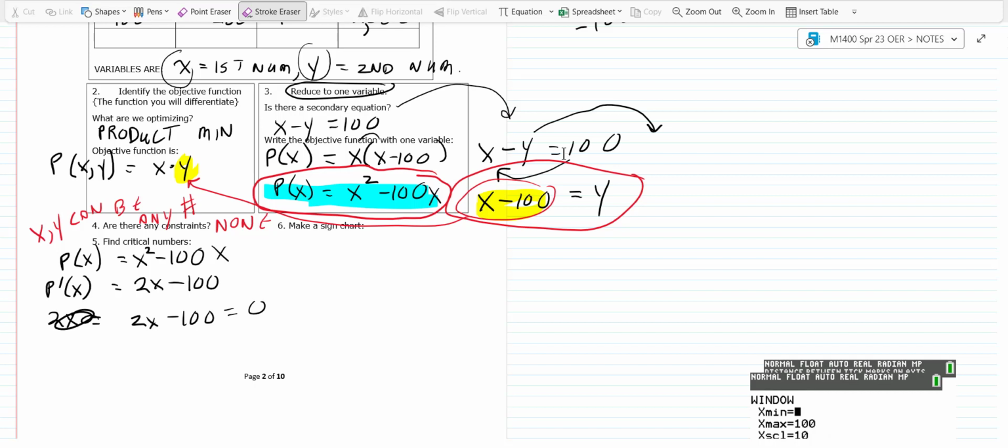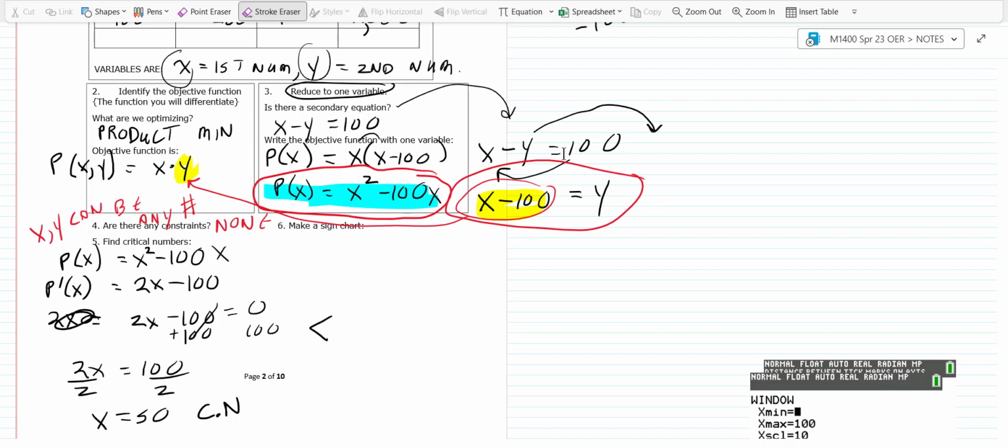Now you want to go ahead and solve that equation, and you can add 100 to both sides. You're going to get 2x equals 100. Divide by 2, so you're going to get one critical number: x equals 50. That is your only critical number in that problem. Okay, so we got that.